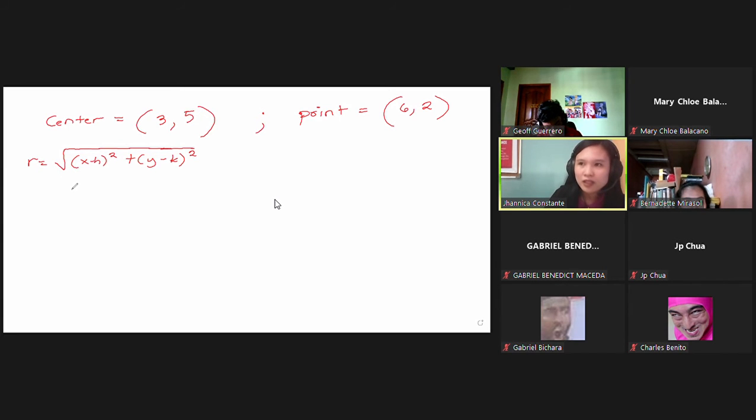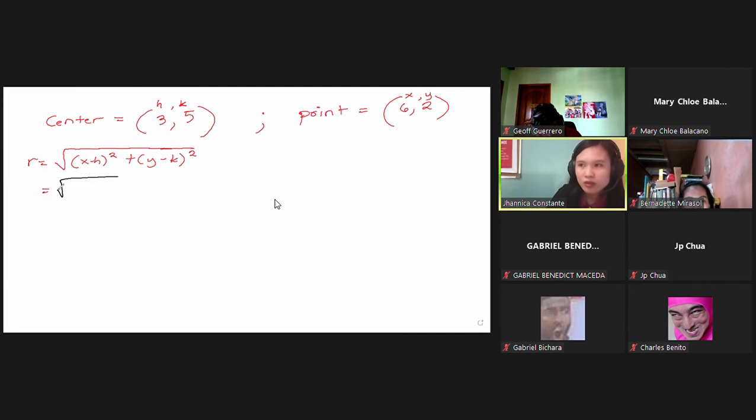So in finding the radius, we have the values for h and k, which come from the center. This is h and k. And the given point is the value for your x and your y. Okay. So substitute the given values of x, y, h, and k into the formula of the radius.